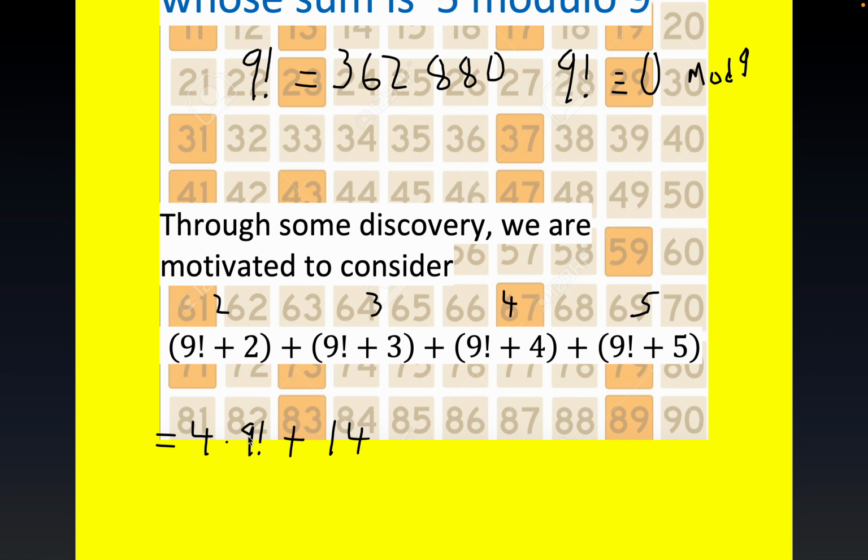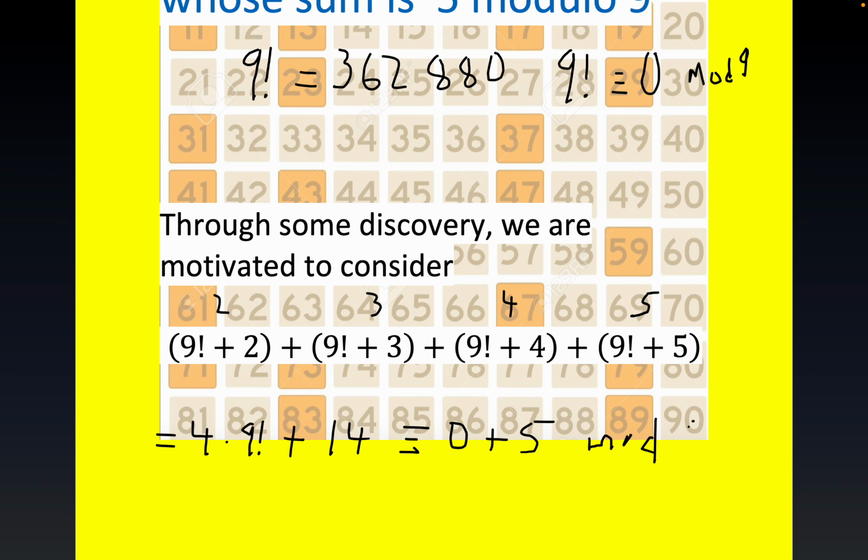Now, this part is clearly congruent to 0. Any multiple of 9 leaves no remainder when you divide it by 9. So you get congruent to 0, and then 14 is congruent to 5, and that's modulo 9. Notice how the equal sign became congruent, and so we have to designate the modulus, which is mod.